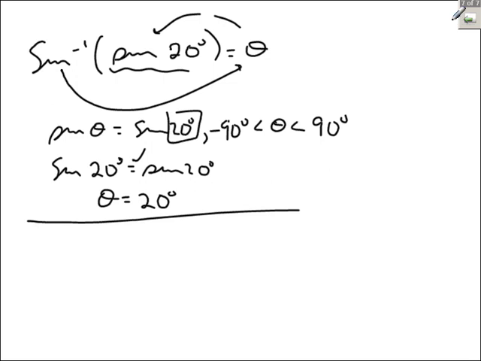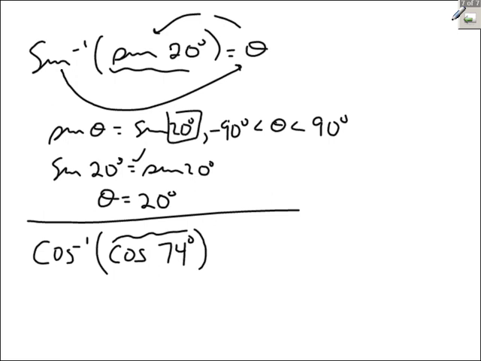If you were asked to find the cosine inverse of the cosine of 74 degrees, well, the cosine of 74 degrees is a number between negative 1 and 1.